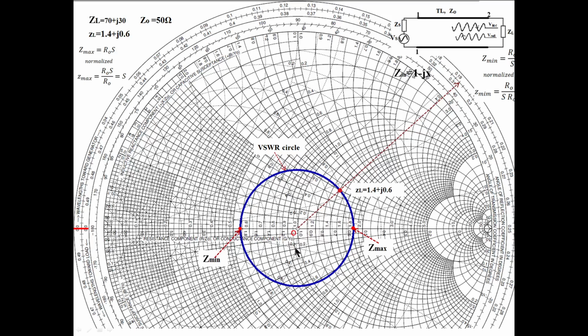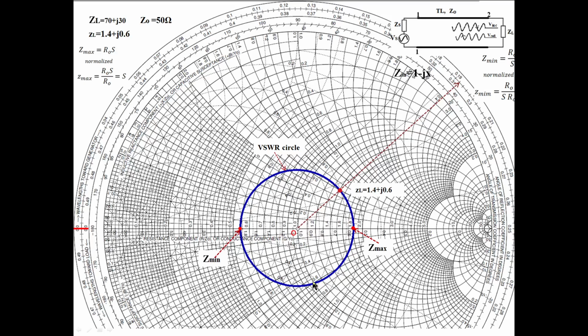See here, this is a G circle, a conductance circle. The G is equal to 1 circle. This is 0.9, the G value is 0.9, it is written 0.9. This is 1.2. This is the 1 circle, G is equal to 1.